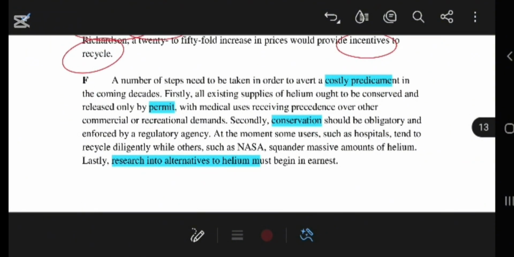So a number of steps need to be taken in order to avert a costly predicament in the coming decades. Firstly, all of these supplies of helium ought to be conserved and released only by permits. That's our word, permits. Only by permits, with medical users receiving precedence over other commercial or recreational demands. So people need permits.